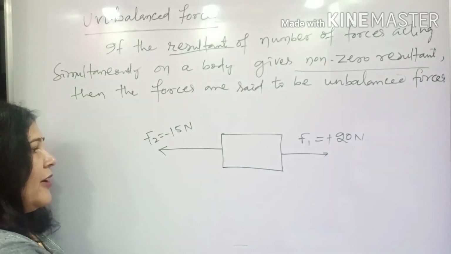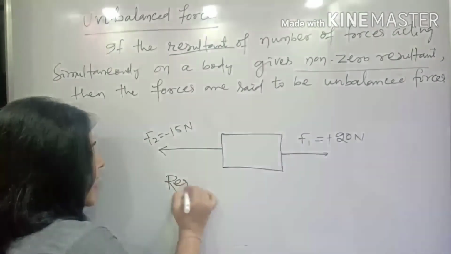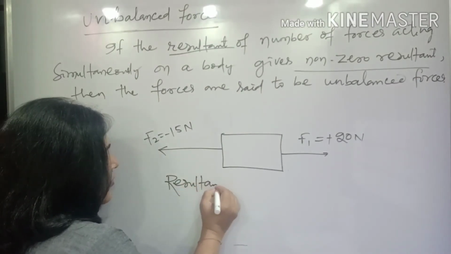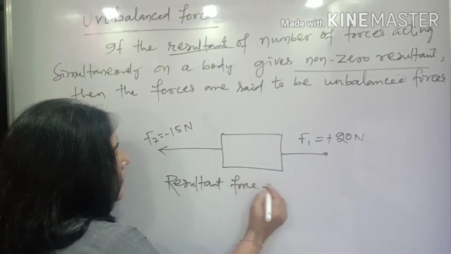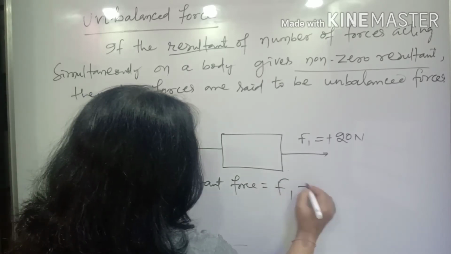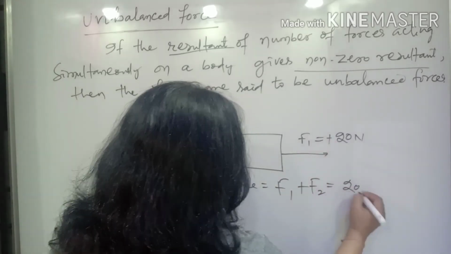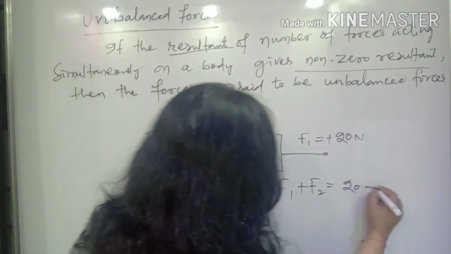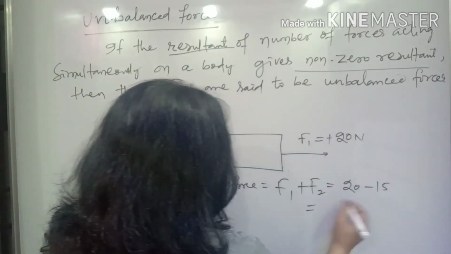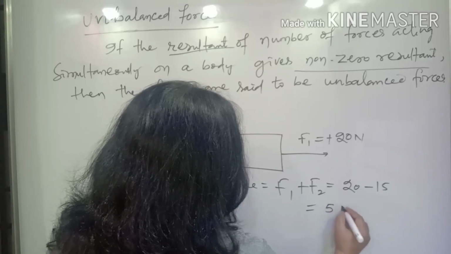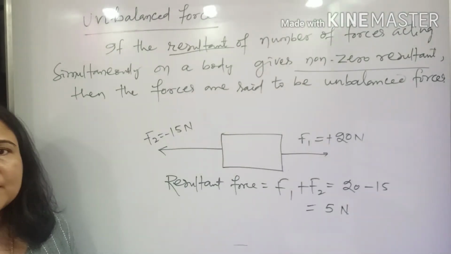Now when I find the resultant force acting here, the resultant force will be equal to the sum of these two forces, F1 plus F2. F1 value is plus 20. F2 value is minus 15. 20 minus 15 is 5. So 5 Newton is the resultant force.